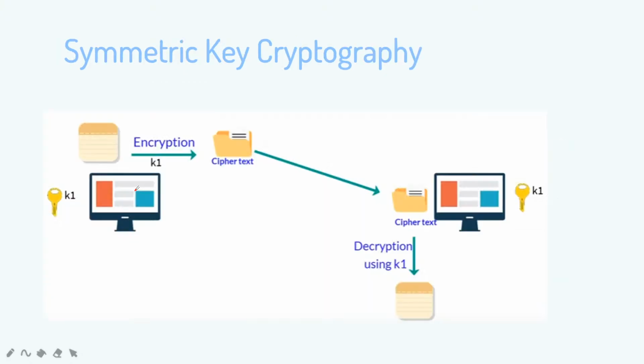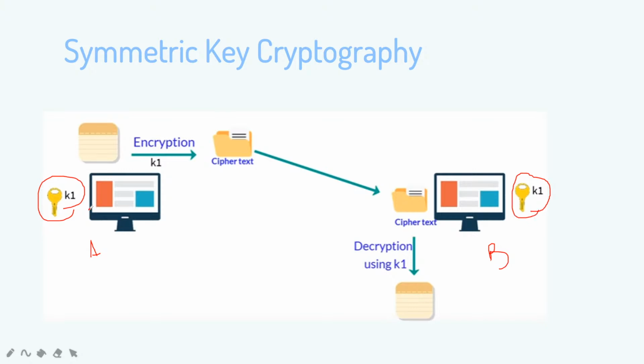Okay, symmetric key. Here we can assume A and here we can assume B. A will send the message with the encryption key K1. So A will encrypt the message with the key named K1, and then receiver B will receive the message and decrypt it by using the same key.